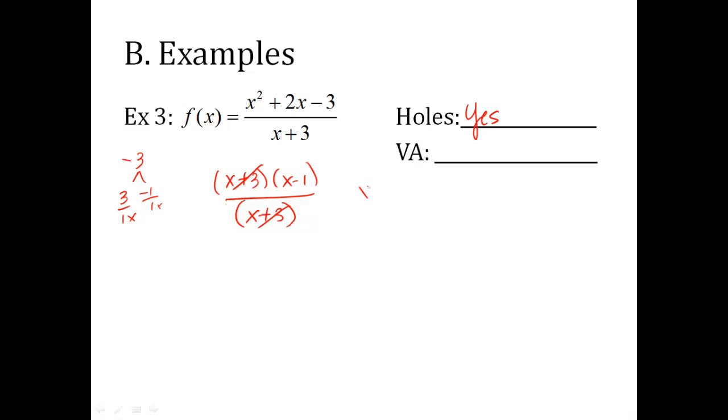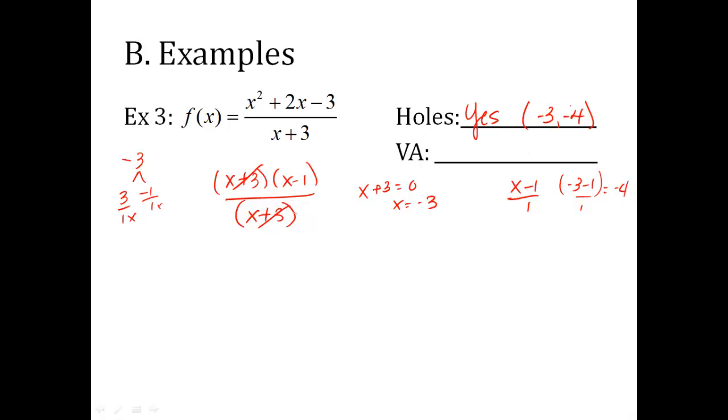And where is this hole located? Well, x plus 3 equals 0. X is negative 3. So the x value is negative 3. Now to find the y value, I plug it into whatever part of the equation is left. All that's left is this. So I put negative 3 minus 1 over 1, which is negative 4. There's the coordinate for my hole.